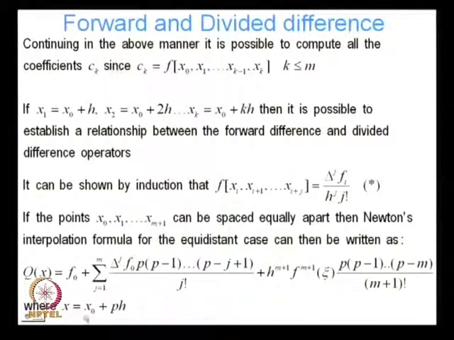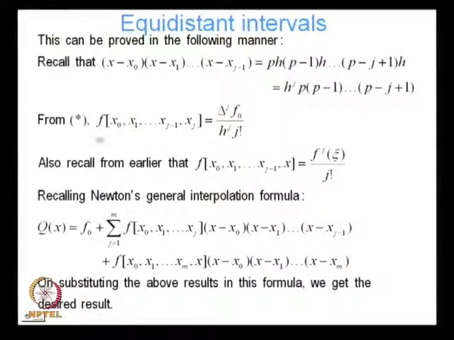Since x is equal to x0 plus ph, x minus x0 is equal to ph. x minus x1 is equal to x0 plus ph minus (x0 plus h), right. So that is going to give me (p minus 1)h and so on and so forth. So I can bring out all the h's together and write it as h to the power j, times p times (p minus 1) up to (p minus j plus 1).